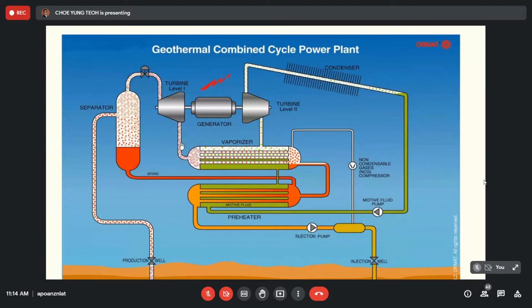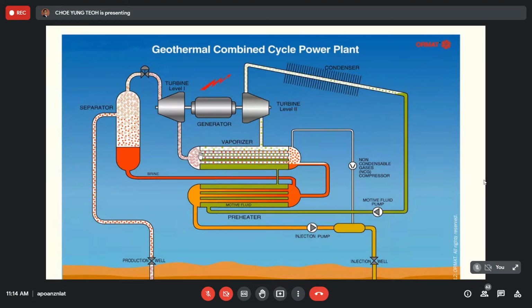At the same time, this steam at turbine level 1, after it passes through the turbine, will be slightly lower in pressure and temperature, but it's still hot enough to produce heat for the secondary fluid and convert it into superheated steam.